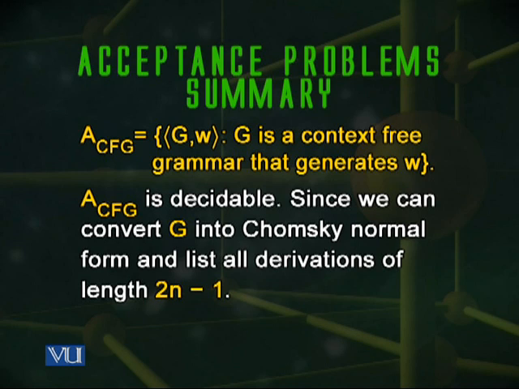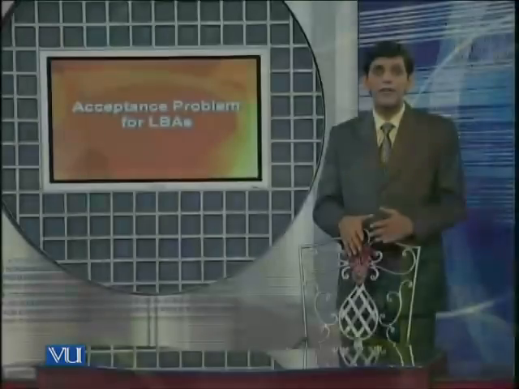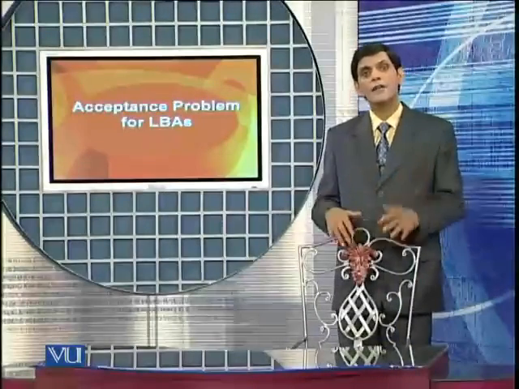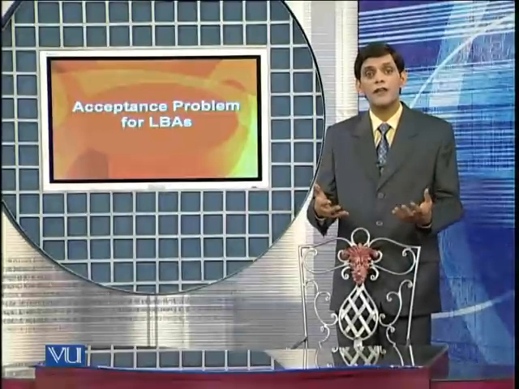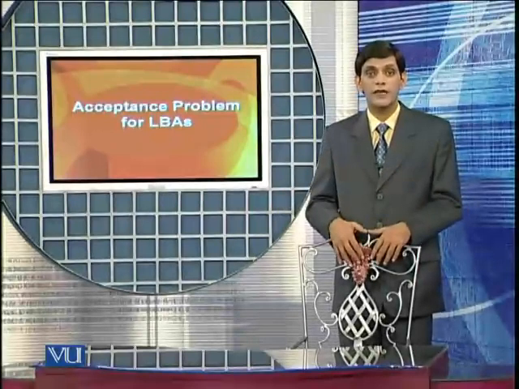Once we have converted a grammar into Chomsky normal form, it generates a string of length n in a finite length derivation. In fact, the length of the derivation does not need to be more than 2n. So we can write down all derivations of length less than or equal to 2n and see if our string is generated by one of those derivations.